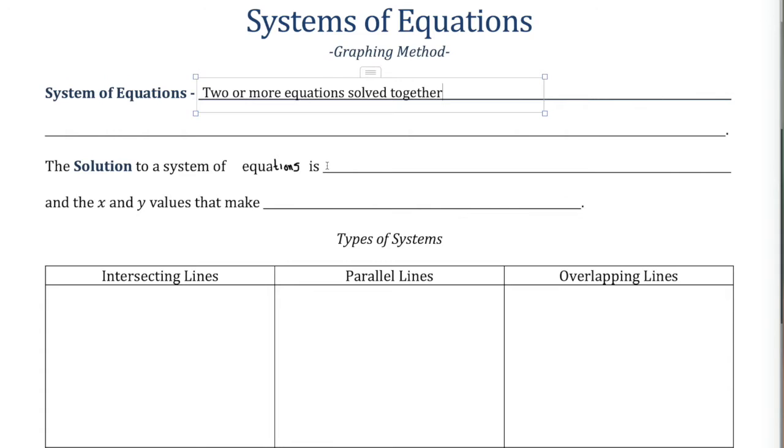Okay, the solution. Now, the word solution in certain situations might just sound like the answer, but in this situation, it has a specific meaning. Just like in a chemistry class, a solution is when you have one substance dissolved in another.